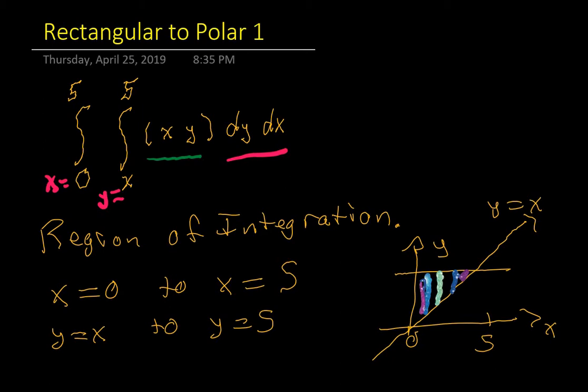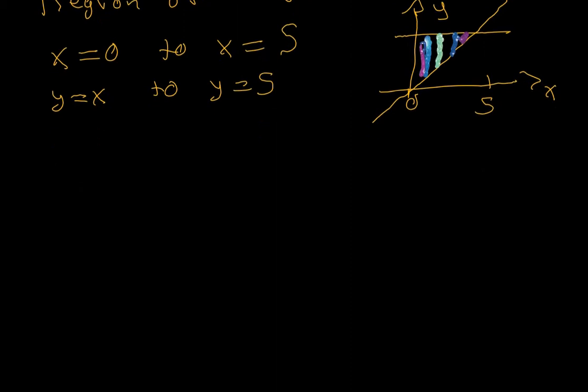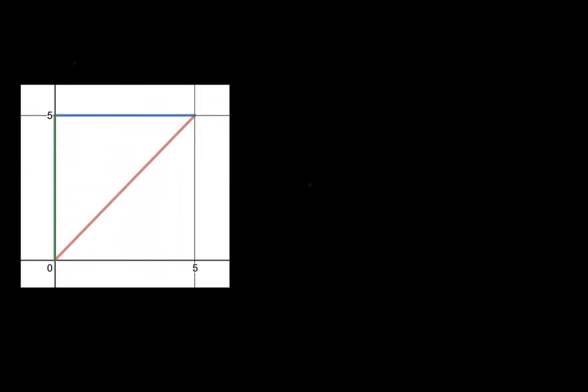So let me slide things around here and add a little bit more detail. Here is the graph that we just constructed in the first quadrant. The x-axis is here, and the y-axis is here. In a polar sense, we're not looking left and right and up and down. We're looking at what are the boundaries for theta, and what are the boundaries for the radius r.